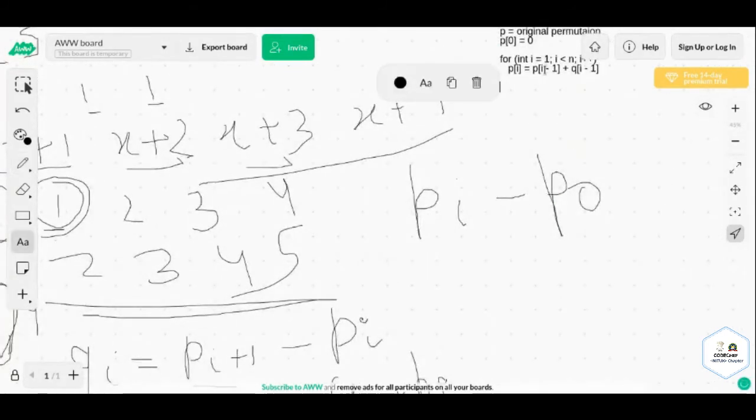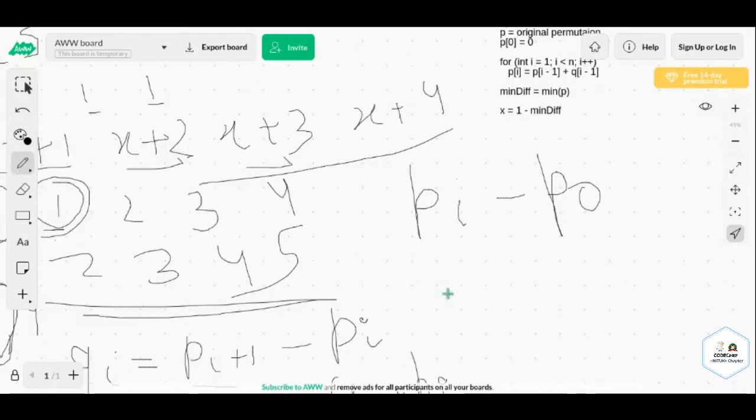So, the minimum difference, let's say the minimum of this array P. So what will our value of x be? It will be 1 minus the minimum difference, right?